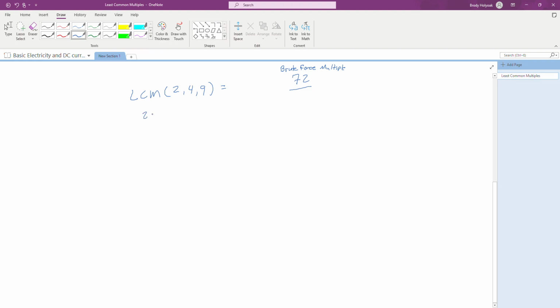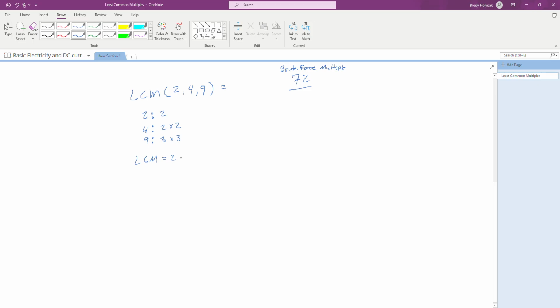So the factors of 2 is just 2. The factors of 4 is 2 times another 2. The factors of 9 are 3 and a 3. So then when I write out my least common multiple, 2 needs 1 2 in it. 4 needs 2 2s.